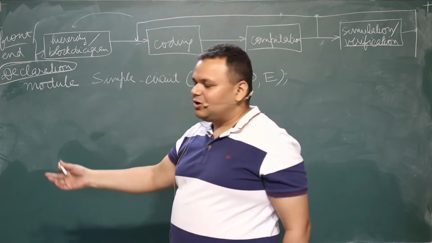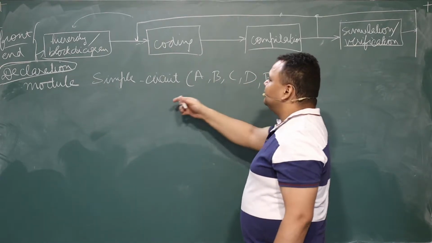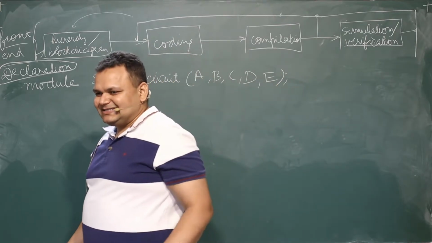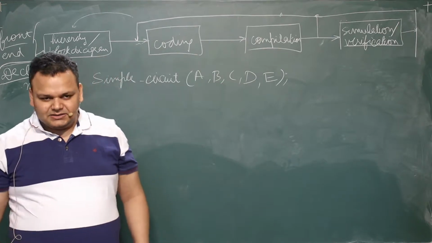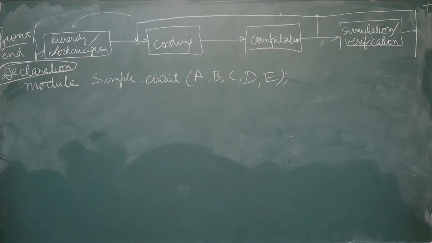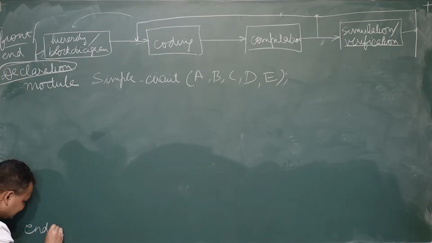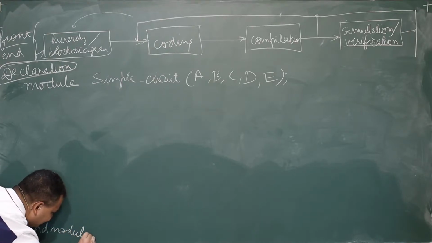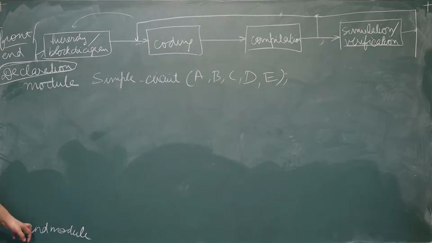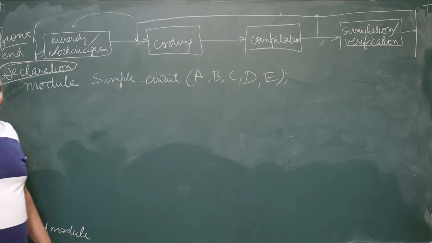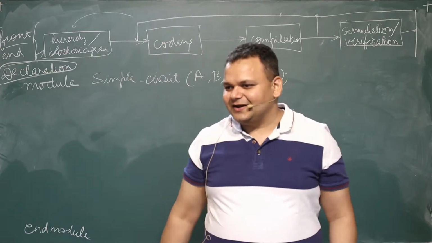In Verilog, we'll have both outputs and inputs of this module, present in simple circular brackets. The final line of your module is going to be endmodule, with no space in between, and you don't have a semicolon at the end of endmodule. Endmodule is the last line of your module declaration.